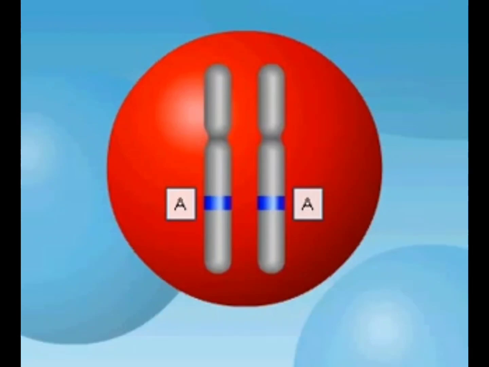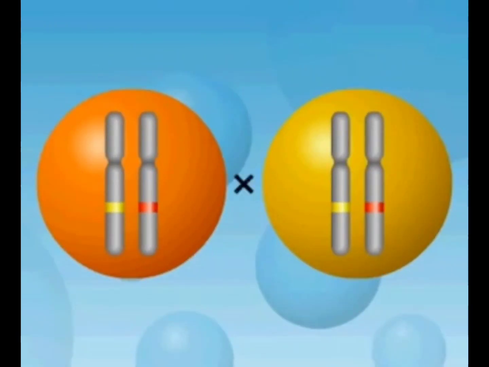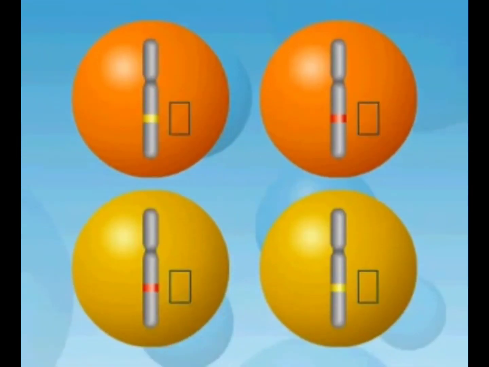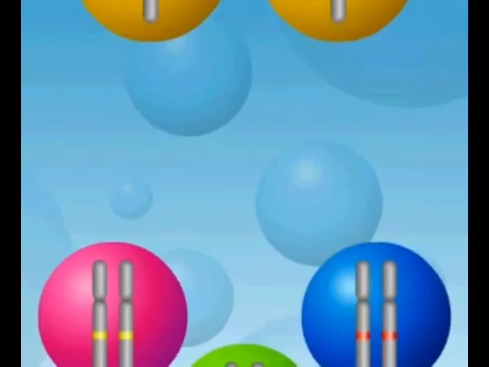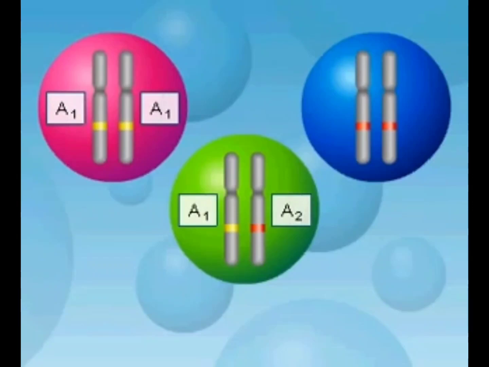The frequency of the genotype AA is shown by the equation p squared equals 1. If a gene has two alleles, A1 and A2, the diploid individual resulting from the fusion of two haploid gametes can have one of three sets of these alleles: A1A1, A1A2, or A2A2.